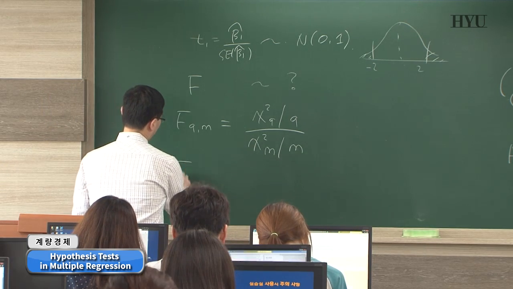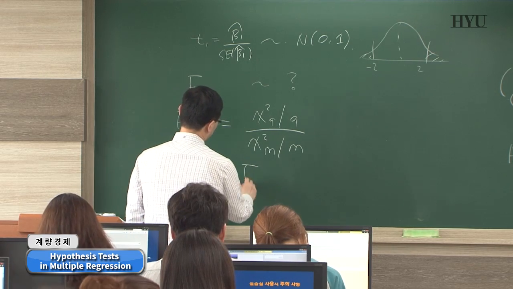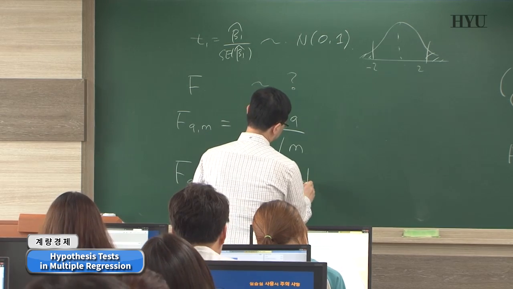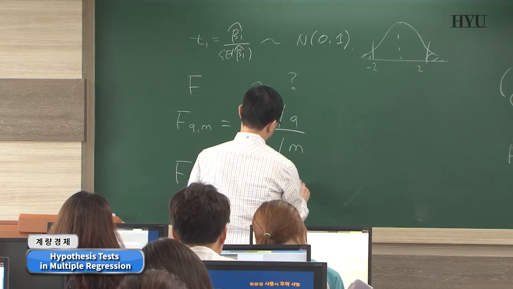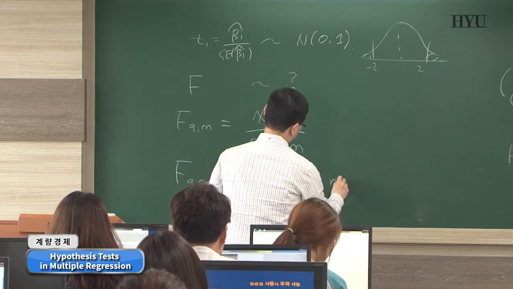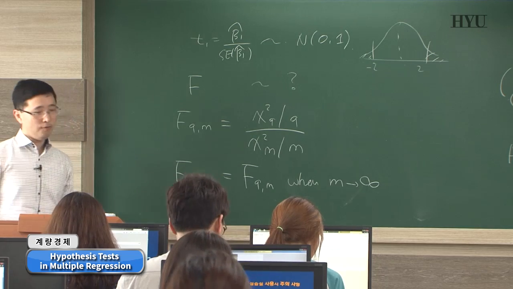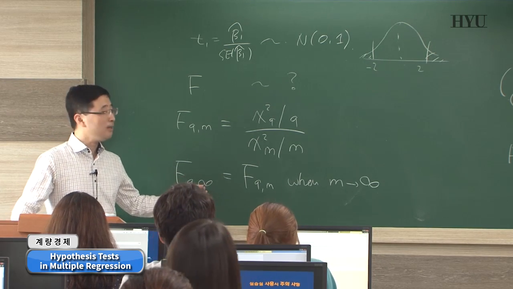Now, what is F with Q and infinity? That's F with Q and M when M is very big. Okay, so that's the meaning of F with Q and infinity. Infinity is actually not a degrees of freedom.